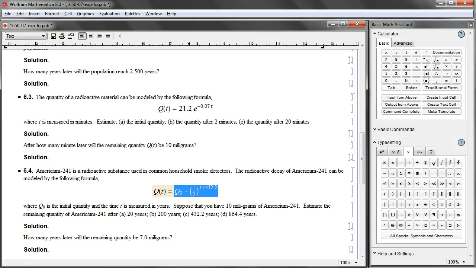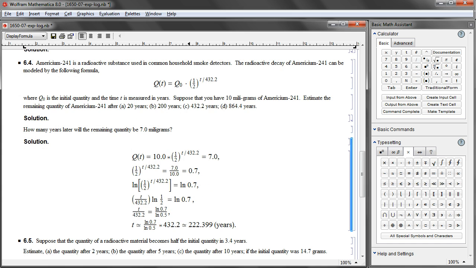The remaining quantity is 7.0 milligrams, which means this whole quantity, where Q0 is 10, has to be equal to 7.0. That's going to be another exponential equation, and you have to solve it. Here's the setup. 10.0 is the initial amount, and then here's the radioactive decay model, and then equal to 7.0.